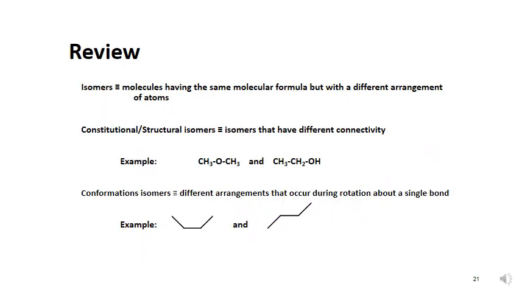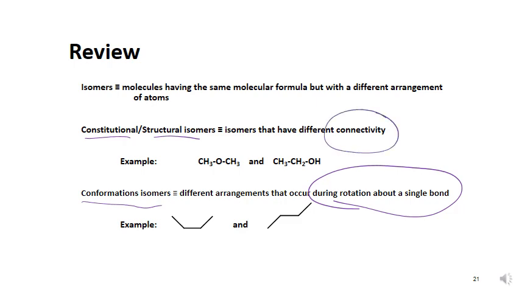Something that we talked about a while ago, with free rotation around single bonds and things like that. We want to talk about the difference between conformational isomers, and constitutional versus structural isomers. The whole key to this is that different connectivity is a structural isomer.